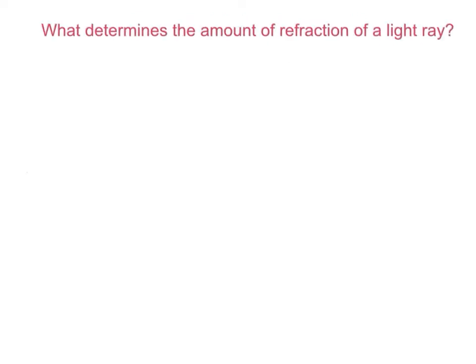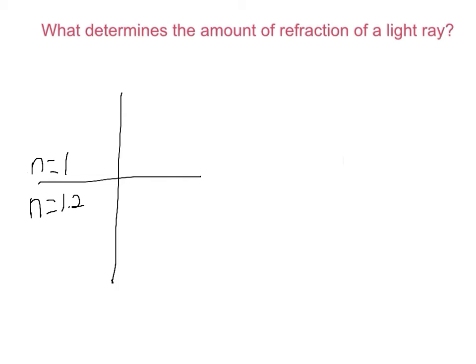So what determines the amount of refraction in a light ray? The amount of refraction is determined by the difference in the two indexes of refraction. So say, here's your media boundary and here's your normal line, and say this media has an index of refraction of 1 and this one has 1.2. When the light ray refracts, it'll go through the normal line, and because the difference is from a higher medium to a lower medium, it'll refract away from the normal line, but only slightly, because the index of refraction difference is so low.